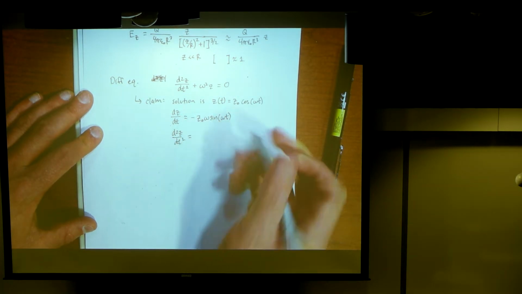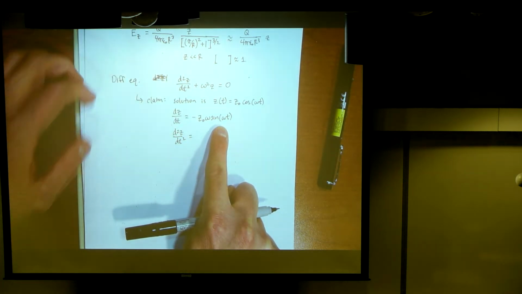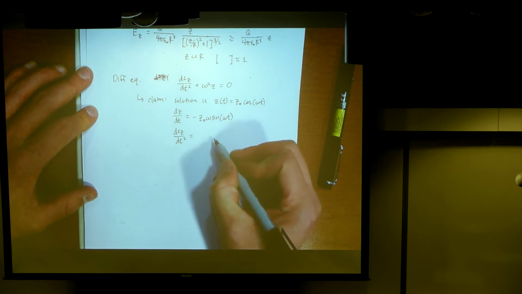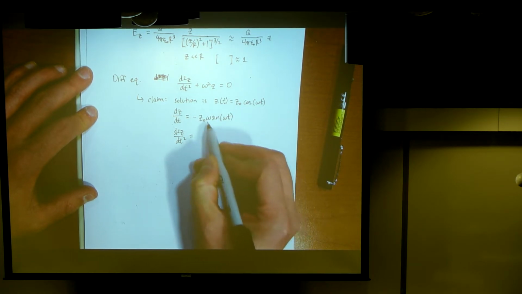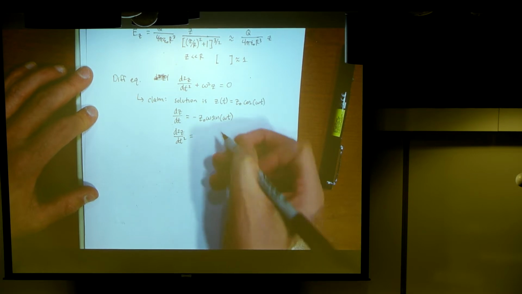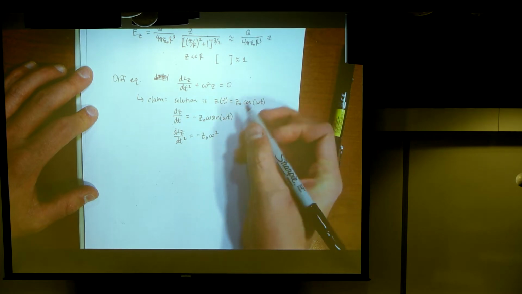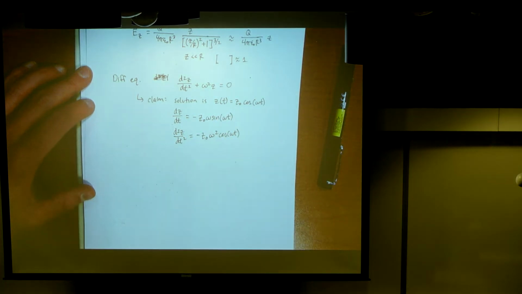Let's just concentrate on this, because these are just constants in front, right? Sine goes to cosine, right? But we pull out another omega factor via the chain rule. That's how this works, right? So we have minus z naught omega squared, and then cosine omega t. So do we agree that's the second derivative?